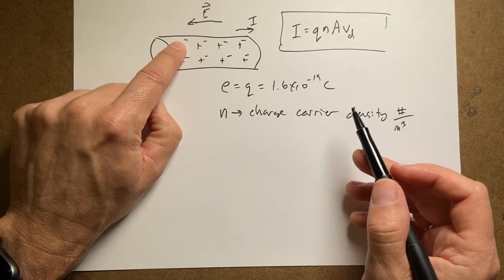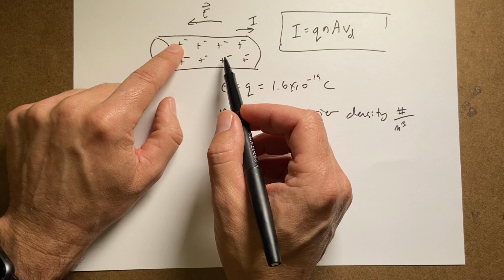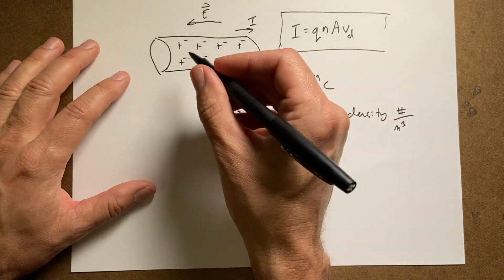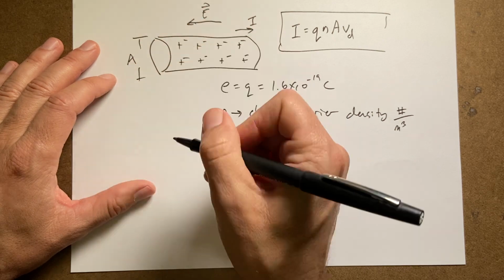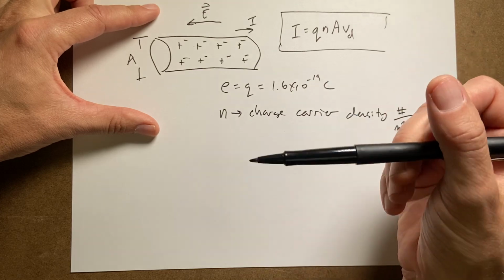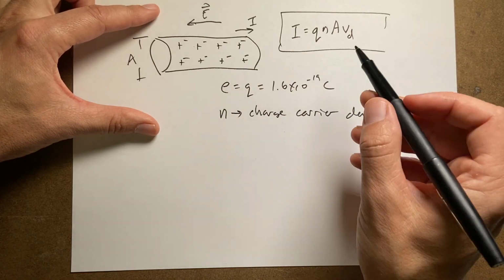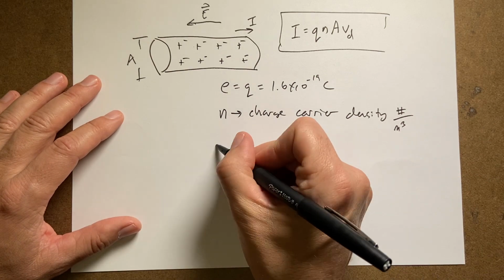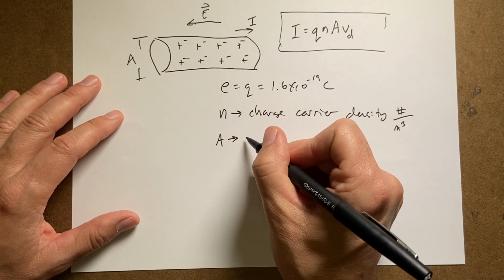So this tells you how many free electrons you have per cubic meter. The more you have, the higher the current. A is the cross-sectional area of your wire. Because if I have a thicker wire, then even with the same electric field, I'm going to get more charges flowing. And then v is the drift velocity, which depends on the electric field and the mobility. So A, cross-sectional area.